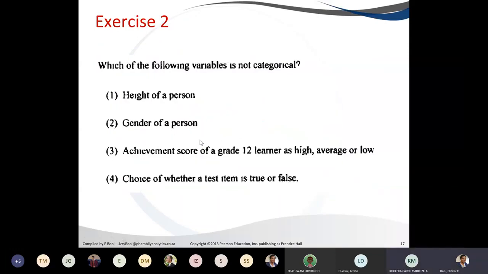So number 2, which will then lead us to that 5-minute break. Which of the following variables is not a categorical variable?